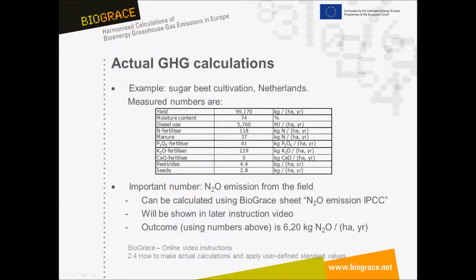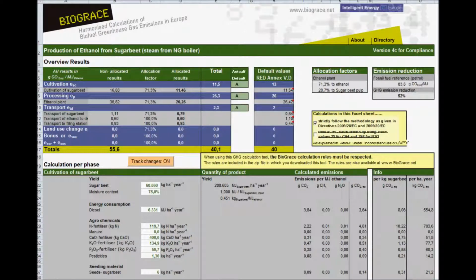Now I can insert the numbers that we collected into BioGrace. Before doing so, let's remember what is the result without the changes. It is 11.46 grams CO2 equivalent per megajoule ethanol for the cultivation. Now I will replace the numbers like this and this.